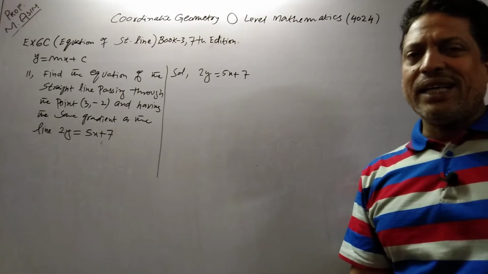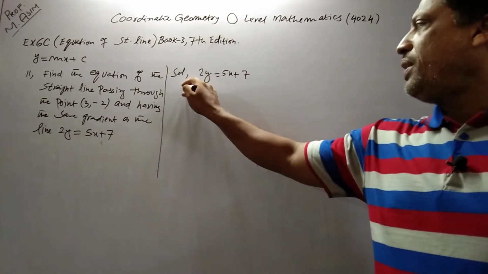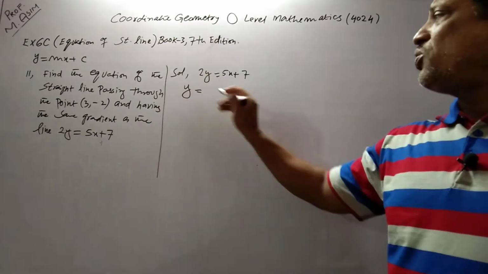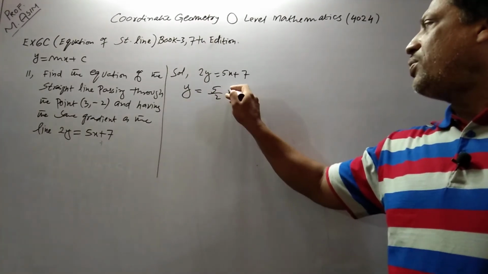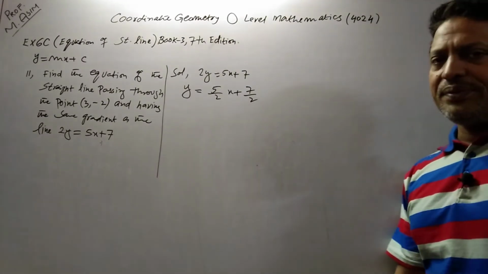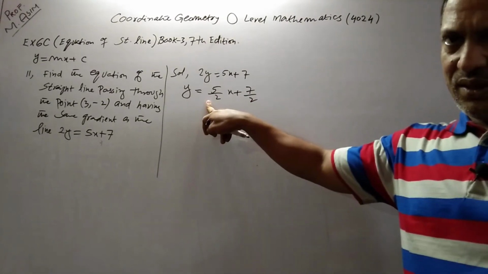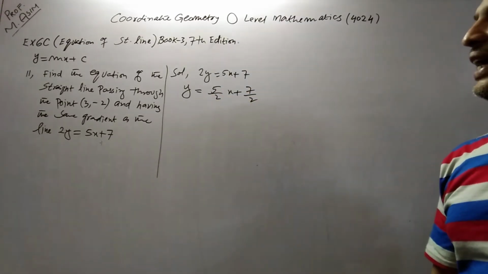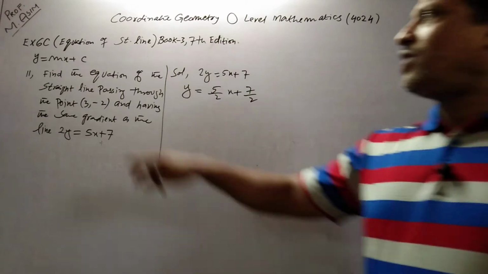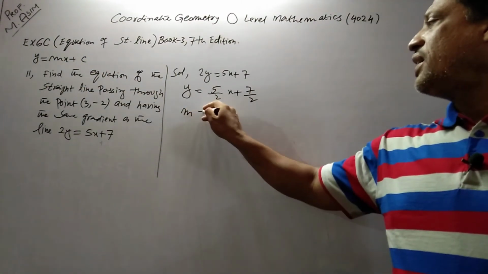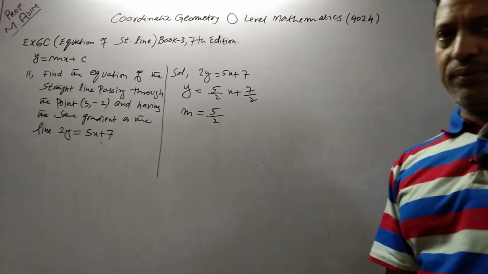Make y the subject of the formula, meaning y should be separated. This 2 is multiplied here, so it should divide on the other side: y = 5/2 x + 7/2. Now see the coefficient of x. The coefficient of x is 5/2, and in the standard equation of a straight line, the coefficient of x represents the gradient. Therefore, the gradient is 5/2.